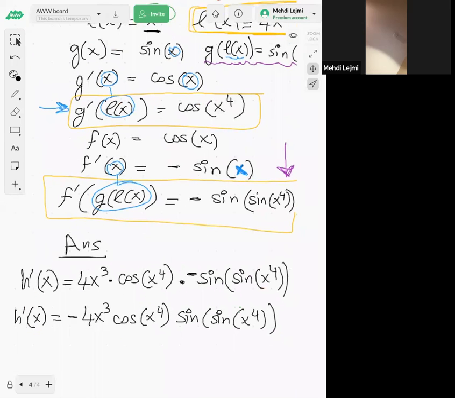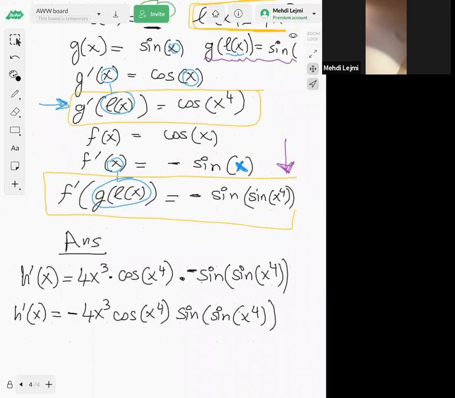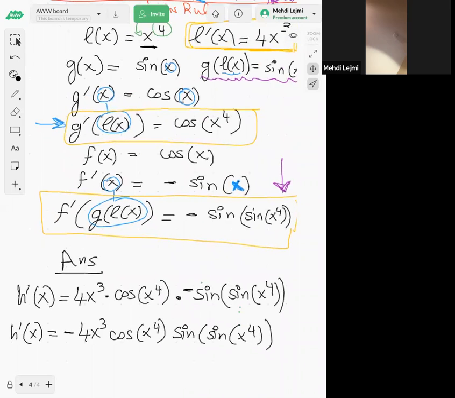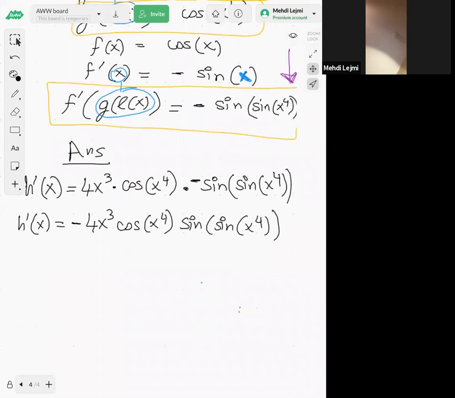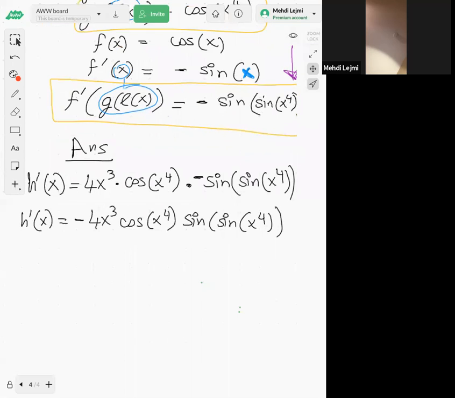If there's no question about this example, here's an exercise. You're going to have to apply this chain rule, the derivative of a composition of 3 functions.